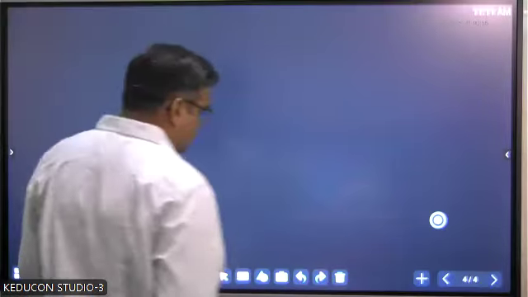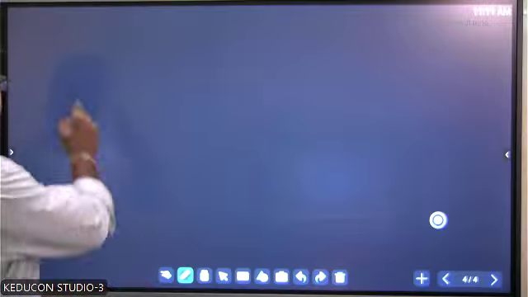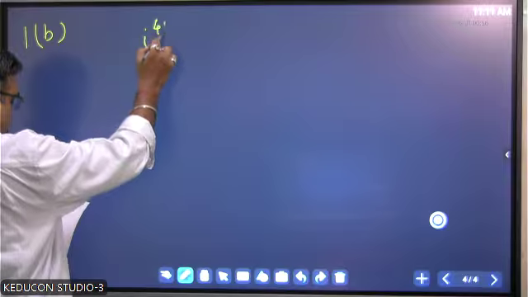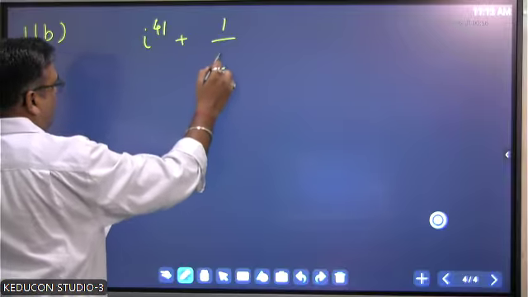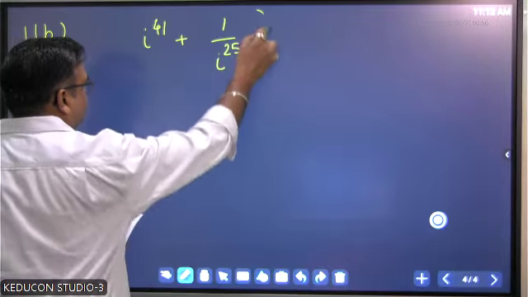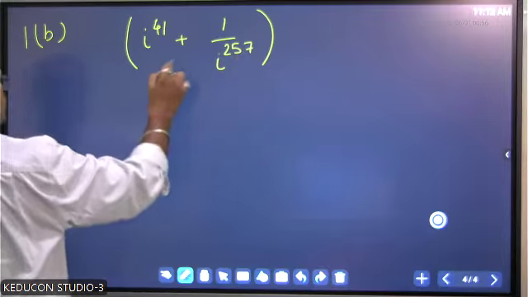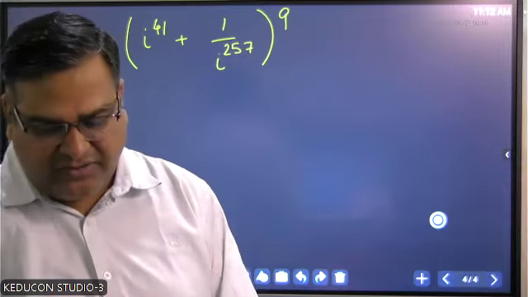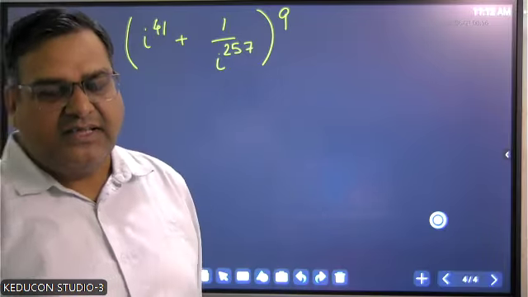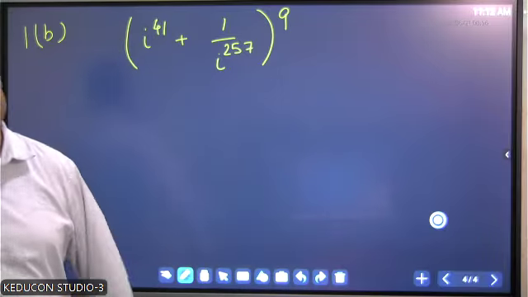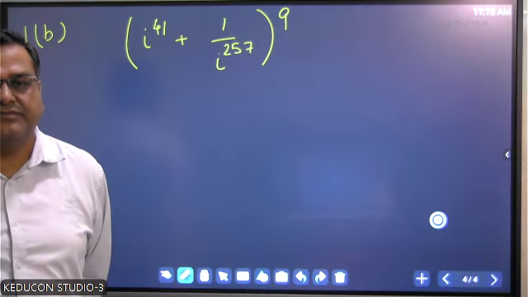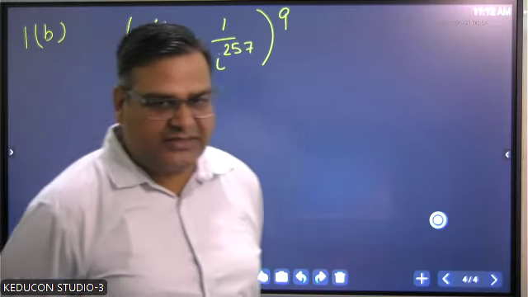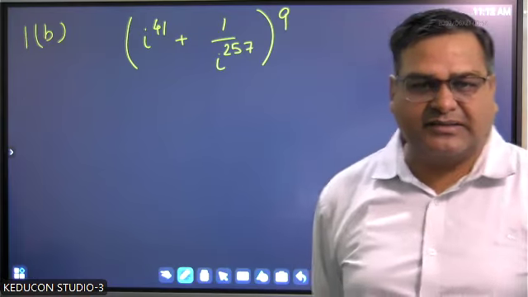Now we move to the first question, second part. This is iota raised to power 41 plus 1 over iota raised to power 257, whole raised to power 9. Right? Please try this question, students. Will you try this? Please write in the chat box whether yes or no, or shall I explain it?